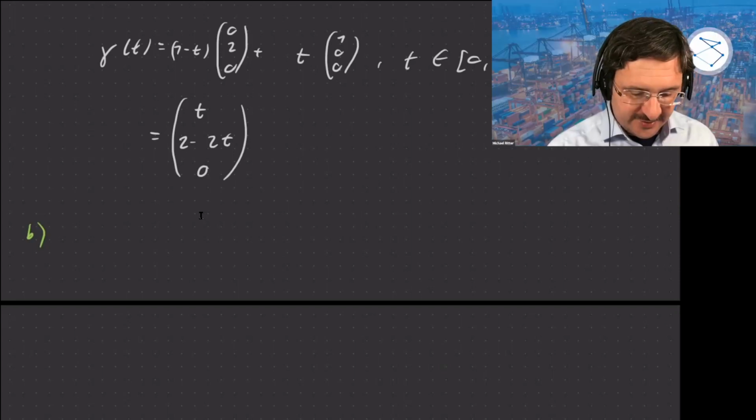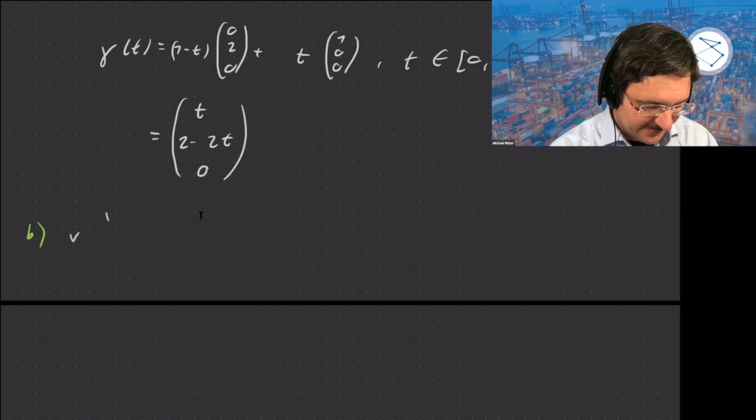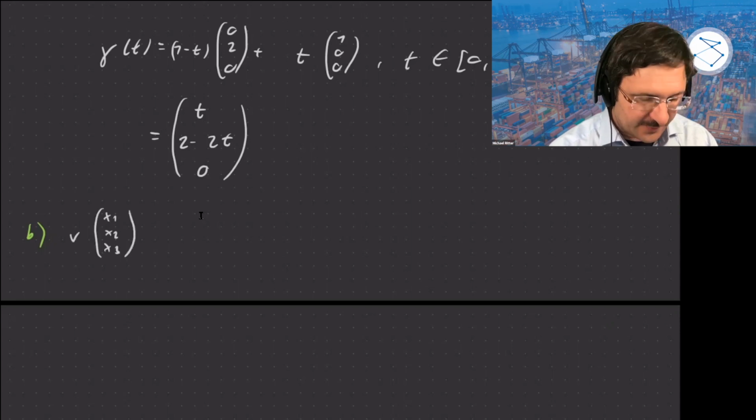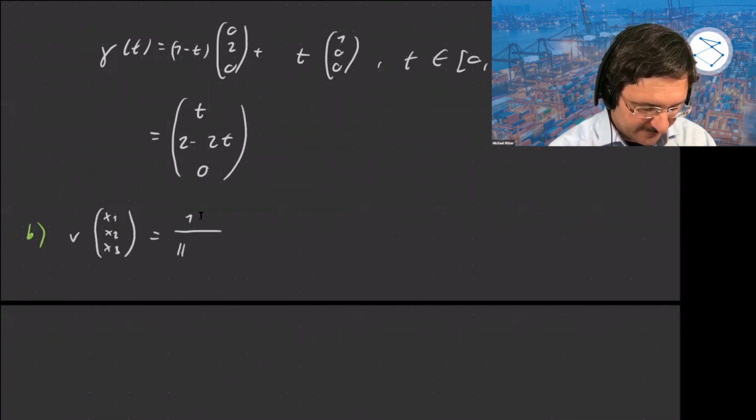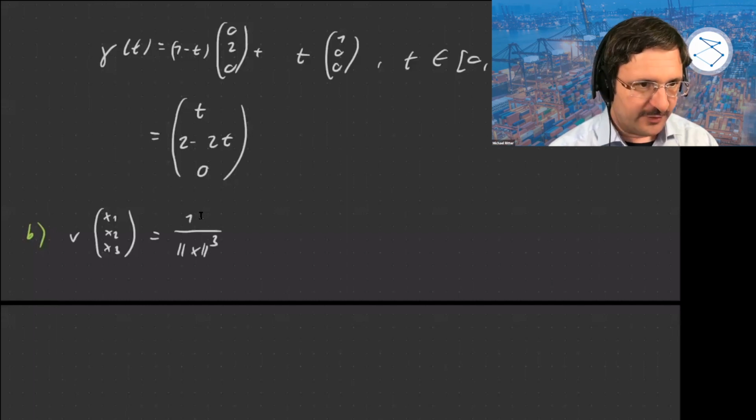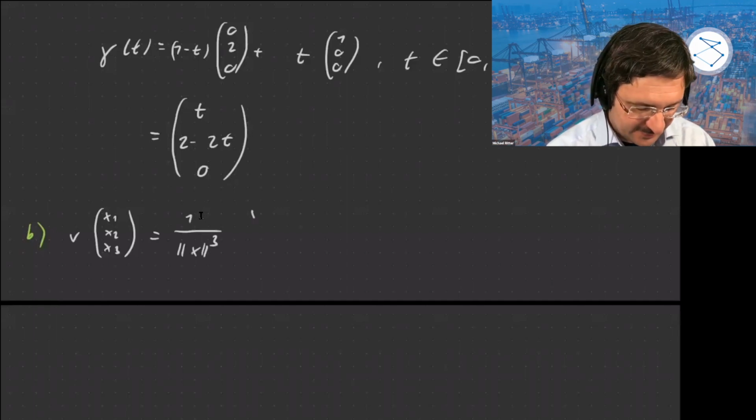So now we're considering a vector field in 3D space. This is given by 1 over the norm of the vector x to the third, times the vector itself.